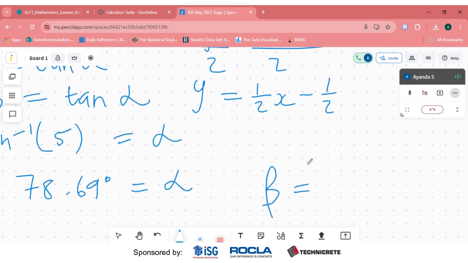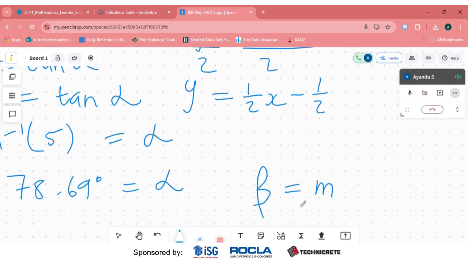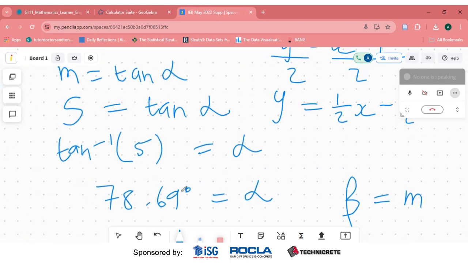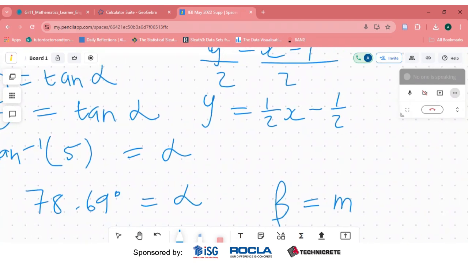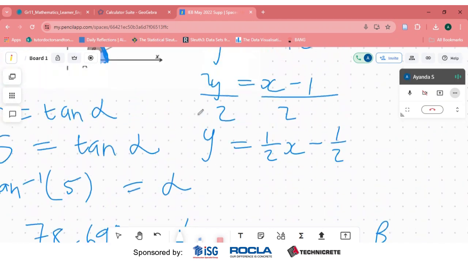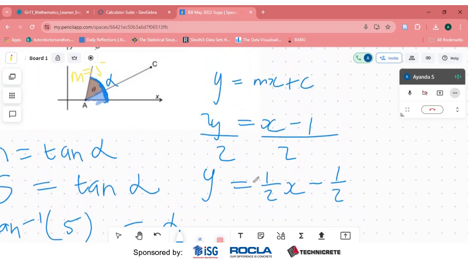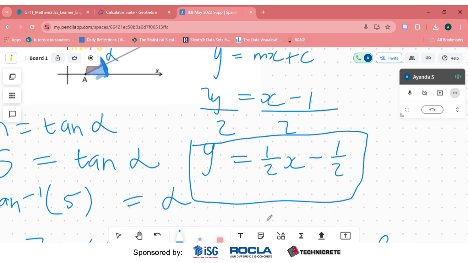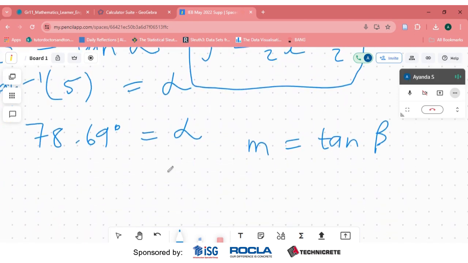The gradient m is equal to tan of beta, where the gradient is that of the line from which it extends, which is AC. And we know that AC is given by y is equal to 1/2 x minus a half, so our gradient here is a half. So 0.5, or 1 over 2, is equal to tan beta.